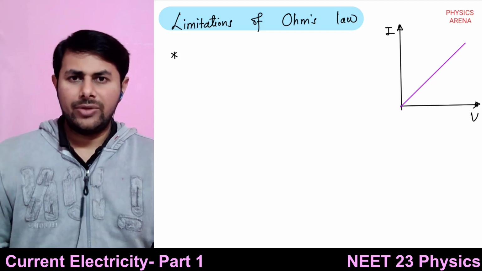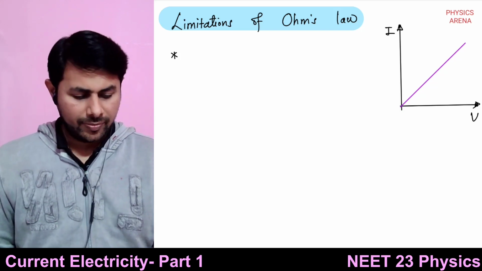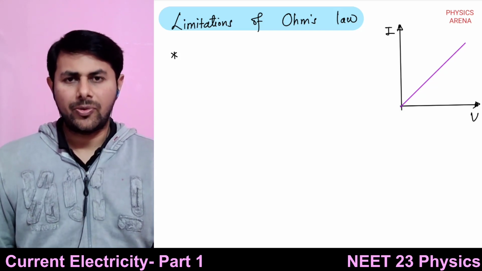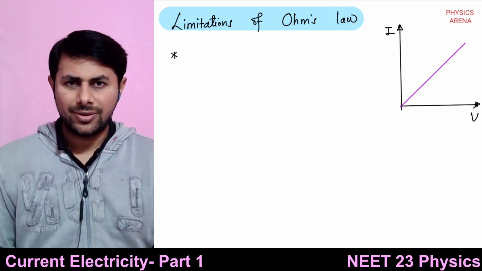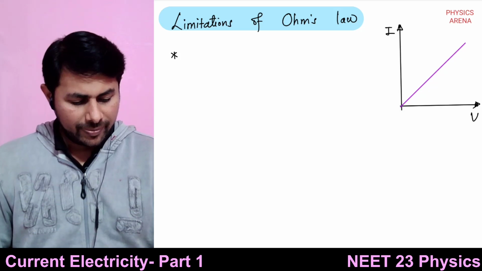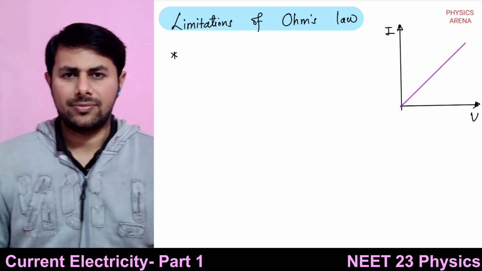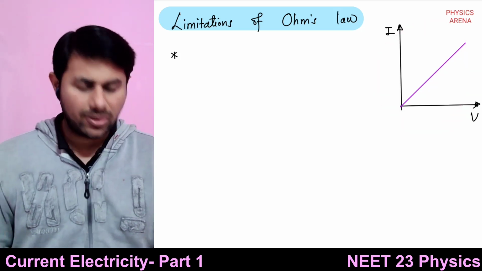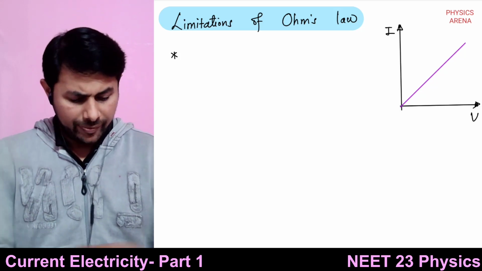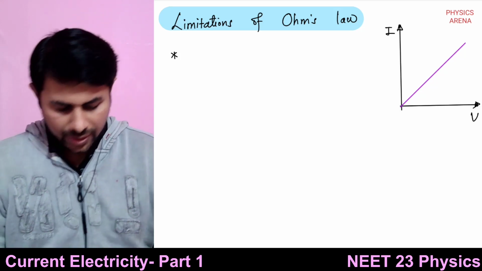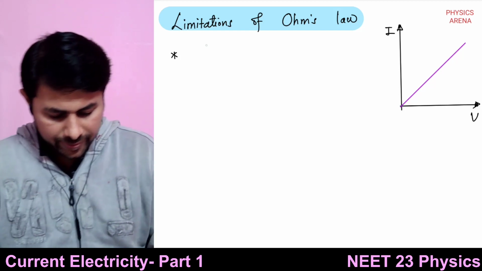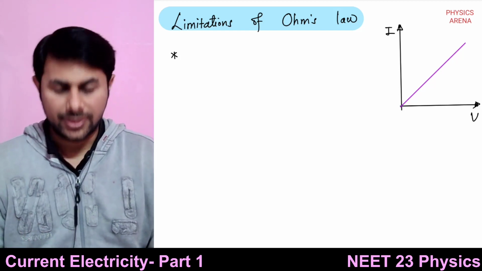But we'll see various materials, for example a semiconductor or a semiconductor diode, etc. For them, the curve is not like this. It is slightly different. That means the resistance is not constant.